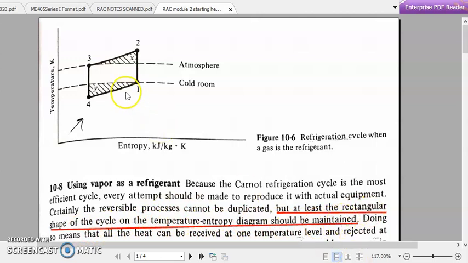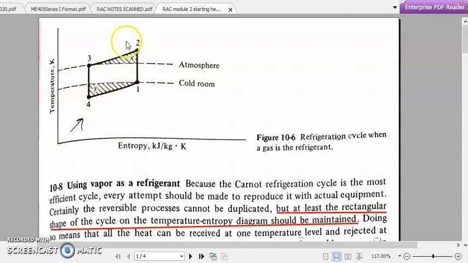So actually when we considered the air refrigeration system, or when the atmospheric air was considered as the working fluid, we did not get the rectangular shape on this TS diagram, on the temperature entropy diagram, but instead a quadrilateral shape, almost a parallelogram-like shape, was obtained here.